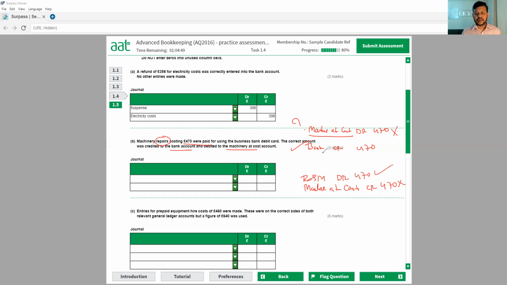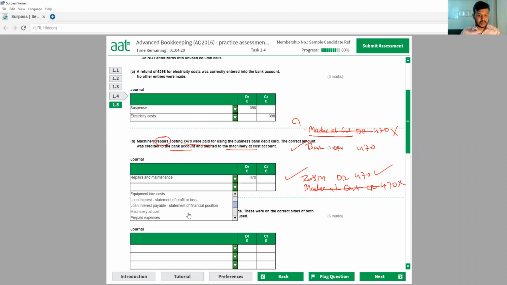So the machine at cost will be gone, and repair and maintenance and the bank will be in the system. So very carefully we have to identify our mistake first, then correct the mistake. You have to say here repair and maintenance debit 470, and the machine at cost needs to go, so this will be credit 470.